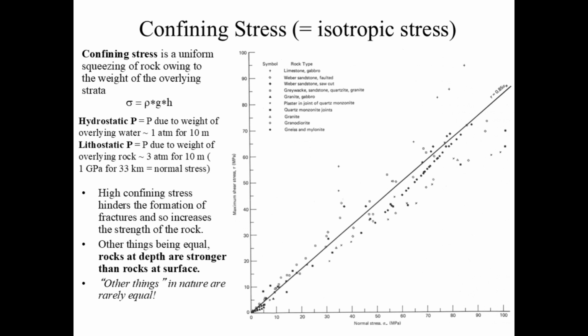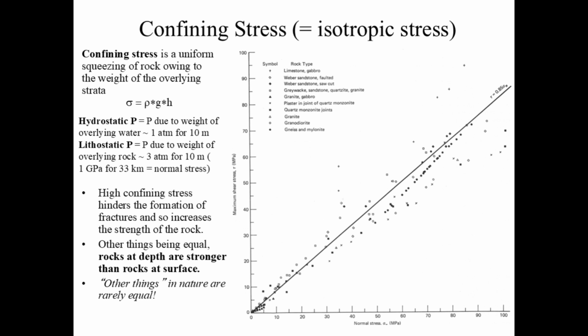And we see that on this diagram. These are all kinds of rocks, from limestone, sandstone, greywackes, granites, all sorts of things. And that's the stress in megapascals, right? There's, I'm sorry, 1,000 megapascals in a gigapascal.